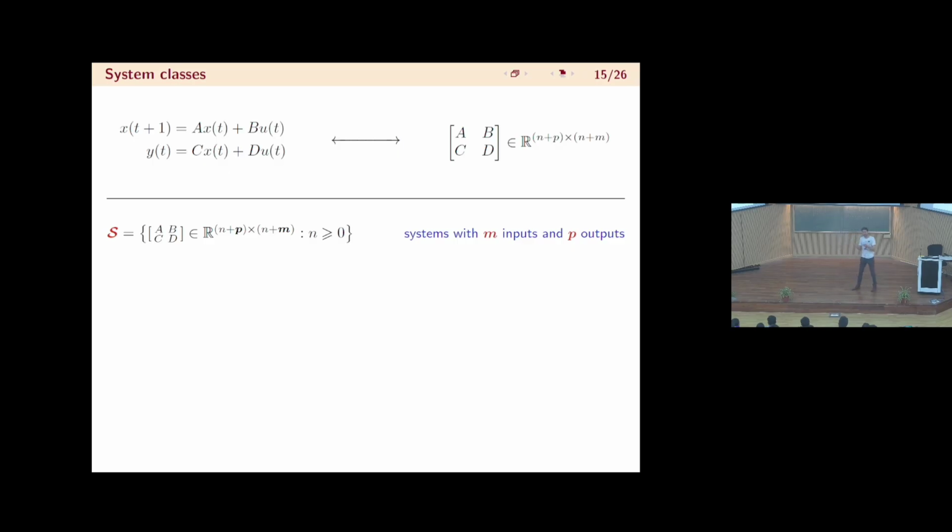I denote all of these systems by this set S. So S contains all input state output systems with exactly p outputs, exactly m inputs, and an arbitrary number of states n greater or equal to 0. We can also consider the subset of those systems that are observable. And we use a notation O for that.